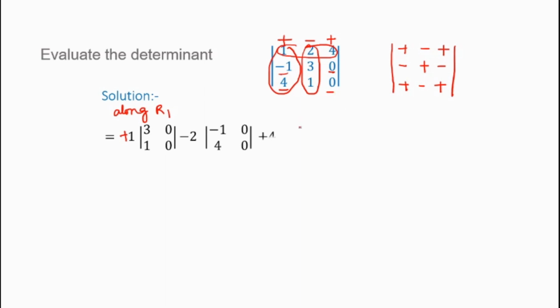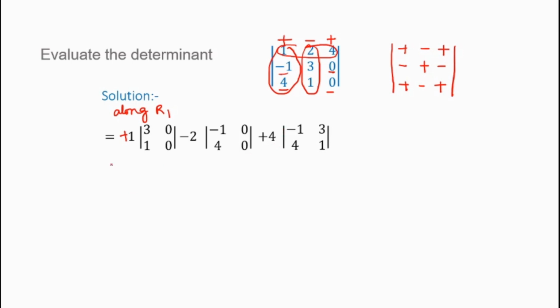Next plus 4 into the determinant, where 4 lies in the first row and the third column. Leaving the elements of the first row and the third column and writing the remaining elements, we get minus 1 3, 4 1.